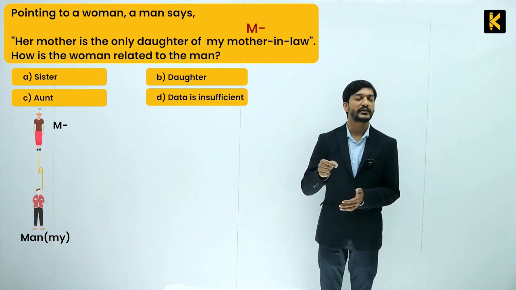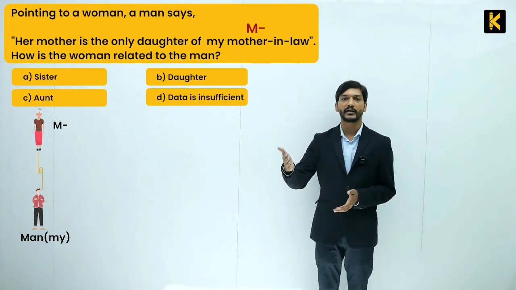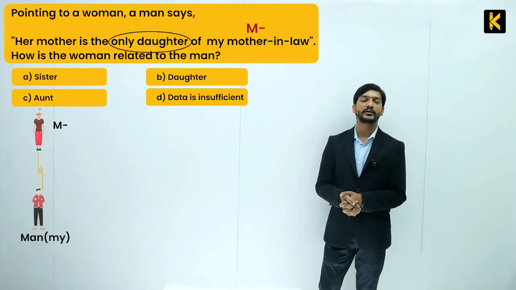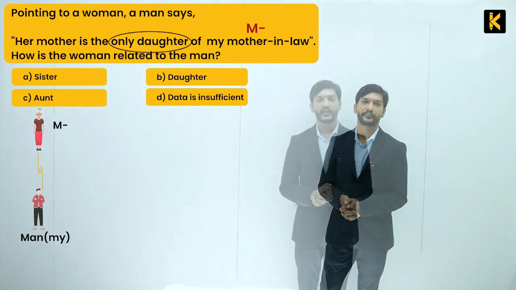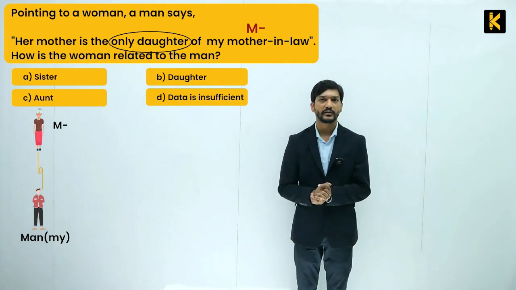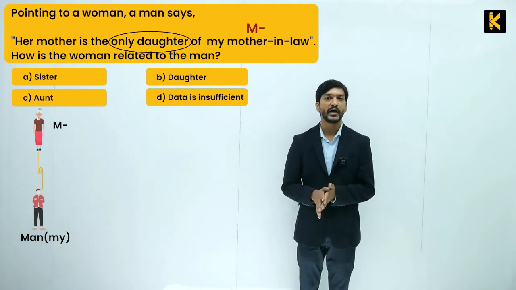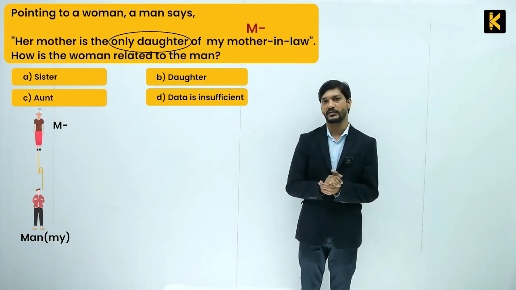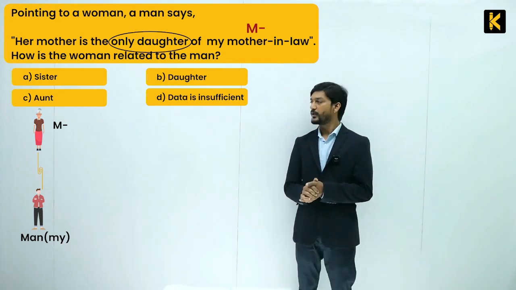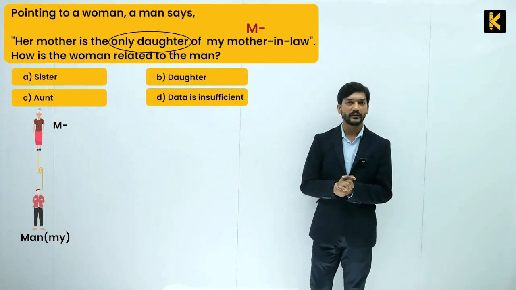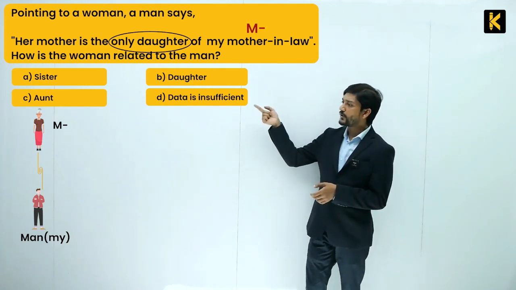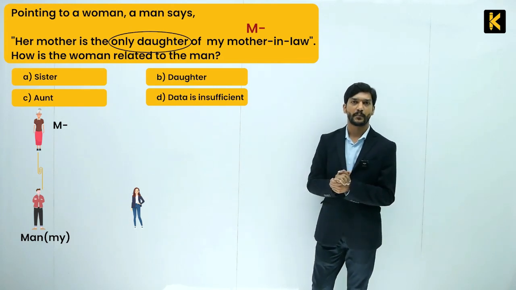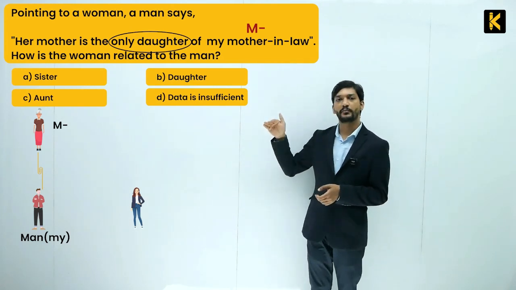What is the next thing mentioned if you go behind in the statement? The next is only daughter of my mother-in-law. My mother-in-law means M minus. So now I have to draw the only daughter of M minus. M minus is already there, so the only daughter of M minus will be one generation below.